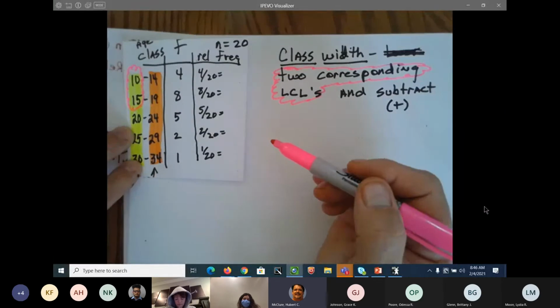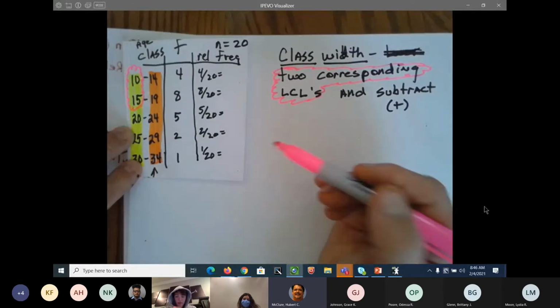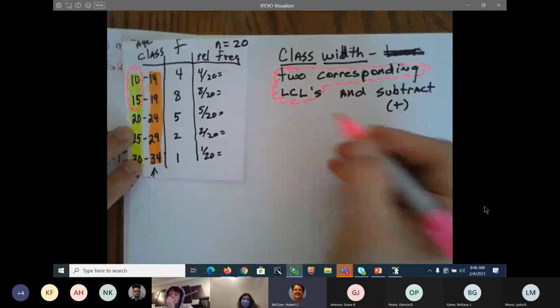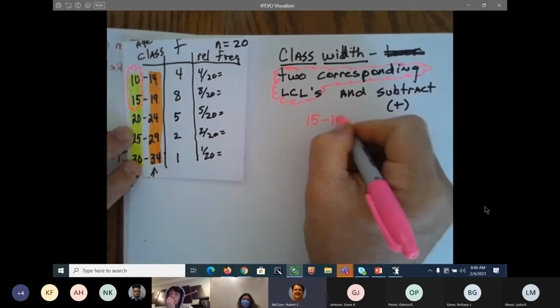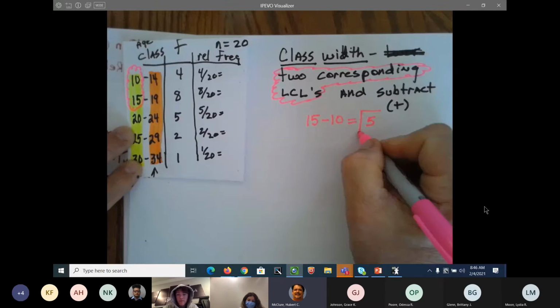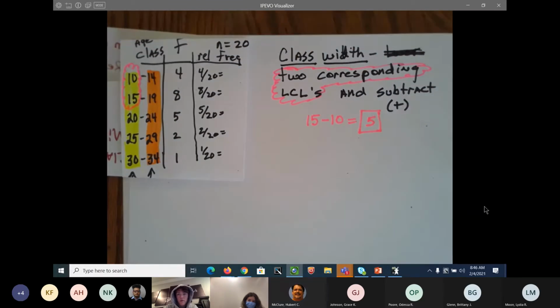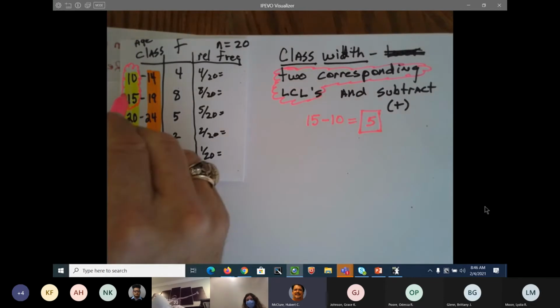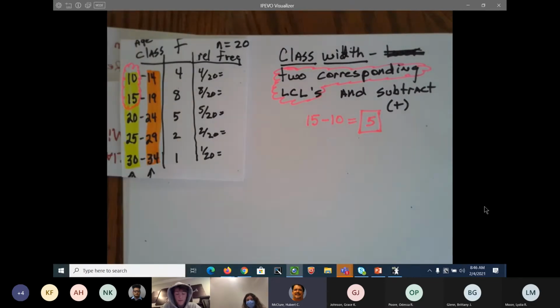All right, so you have to pick two corresponding, subtract. 15 minus 10 is equal to 5. So our class width is 5. Simple as that. Basic math, I picked those first two. You don't have to.